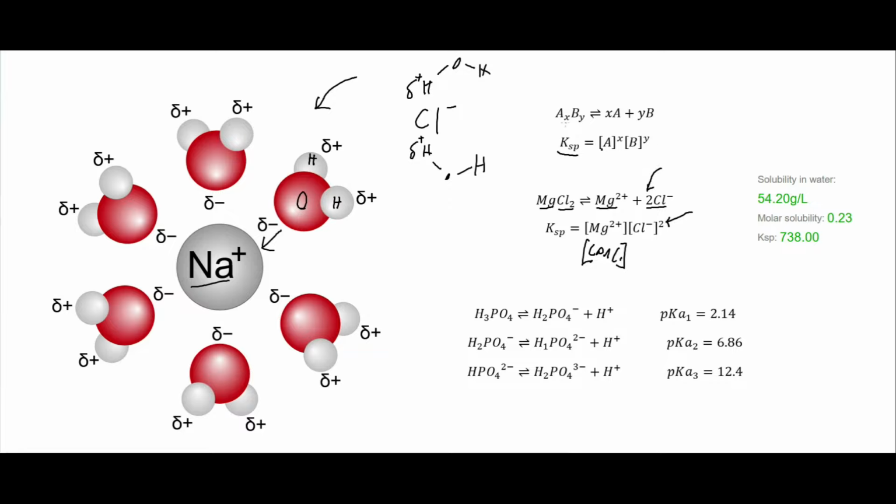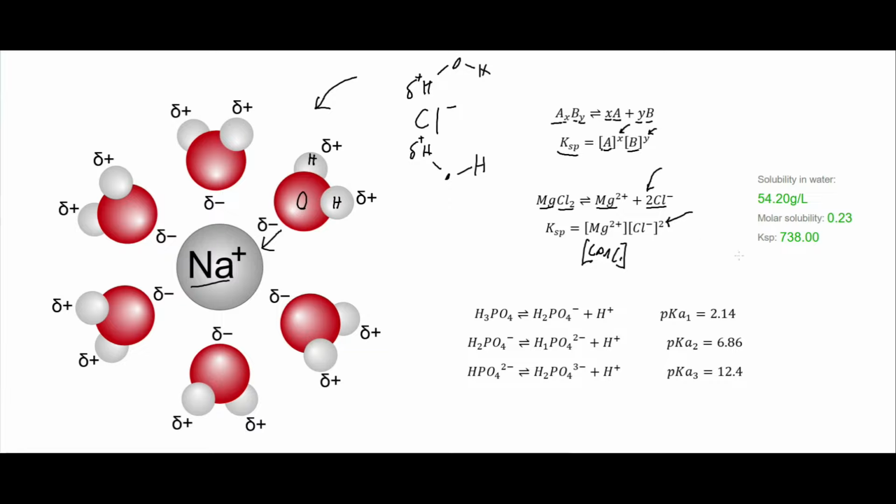And so we see that if we have some chemical A with a little x and some chemical B that has that many in this ionic compound, we end up with that many A's and that many B's. So we have the concentration of A and the concentration of B raised to the power of their coefficients.